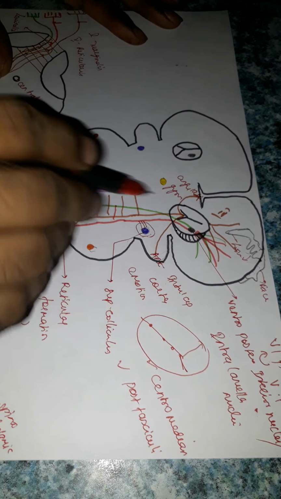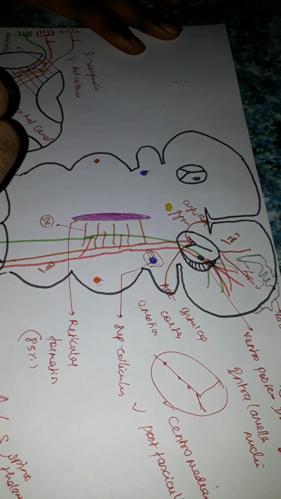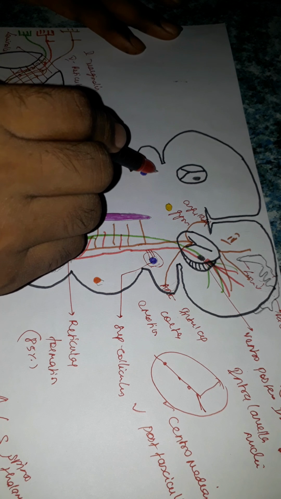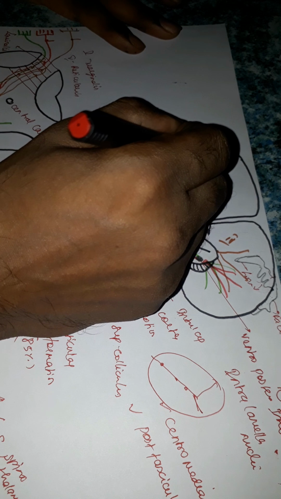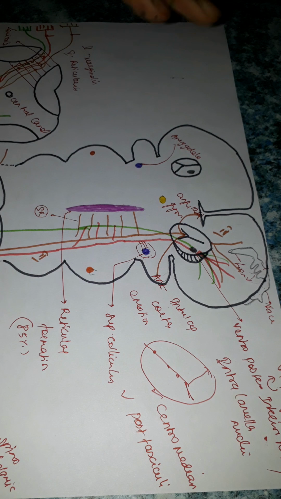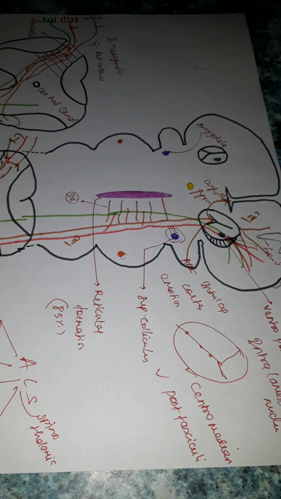So from here, this is your superior colliculus, and from here the fibers move and they are taken to your amygdala, deep into your cerebrum, which is associated with fear and emotions. Okay, and you have something called your spino-mesencephalic pathway.